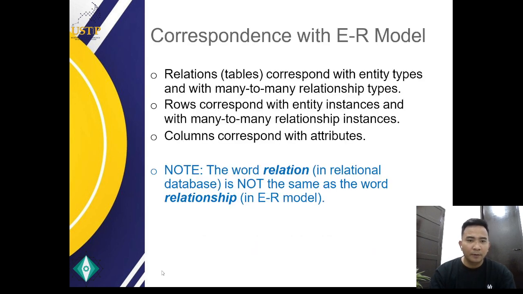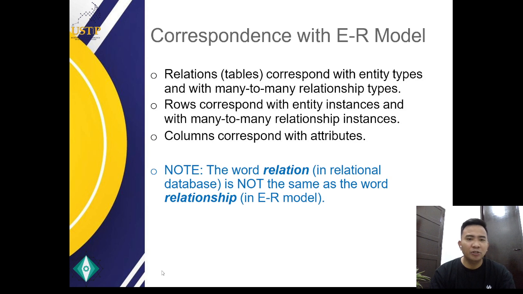The correspondence with the entity relationship model: relations, or shall we say the tables, and the entity types correspond in both models. Relations in a relational database correspond to entity types in an ER model. Entity types represent the fundamental entities or objects in a system.